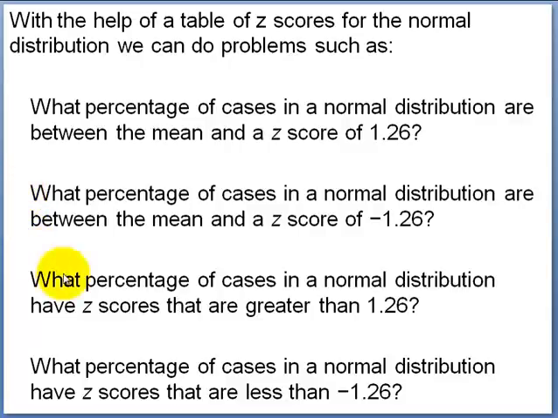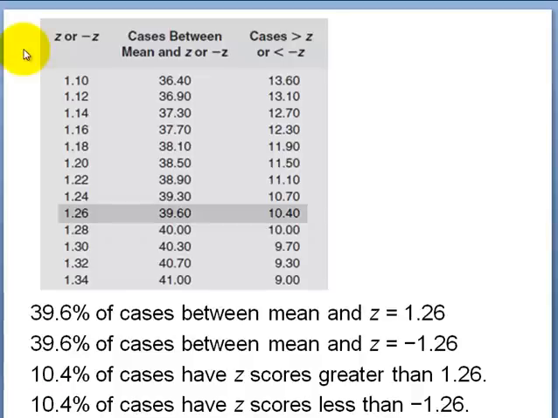What percentage have z-scores greater than 1.26? What percentage have z-scores less than -1.26?